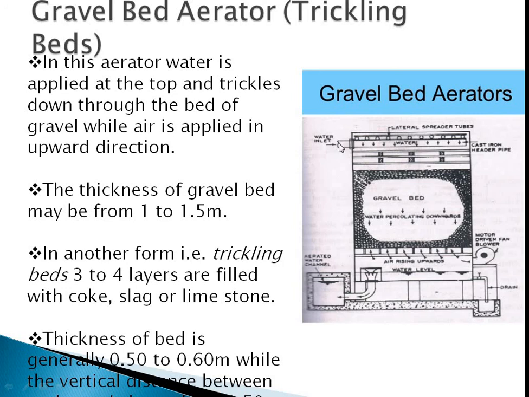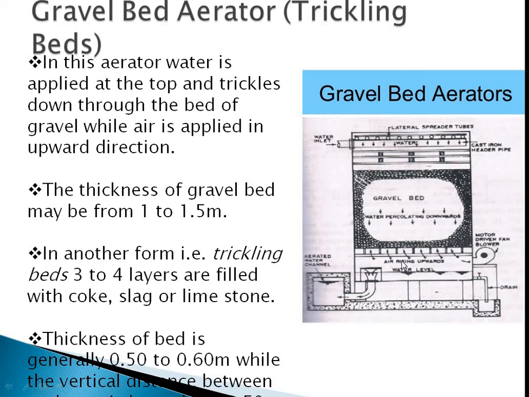First, initially the water comes into the inlet pipe of the aerator and gets distributed by the lateral holes over the surface of the gravel bed. When the water is distributed over the gravel bed, it will percolate through the gravel by drops, and while it percolates, we run the motor driven blower from the bottom.